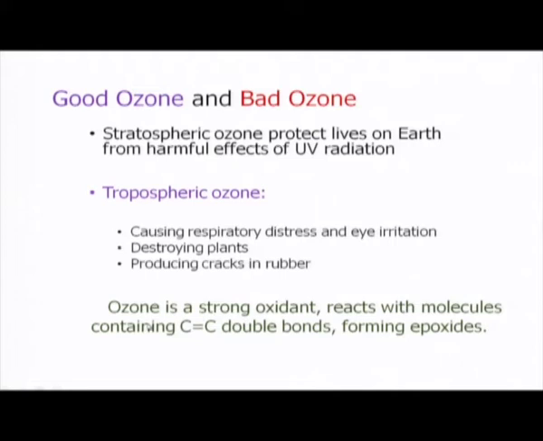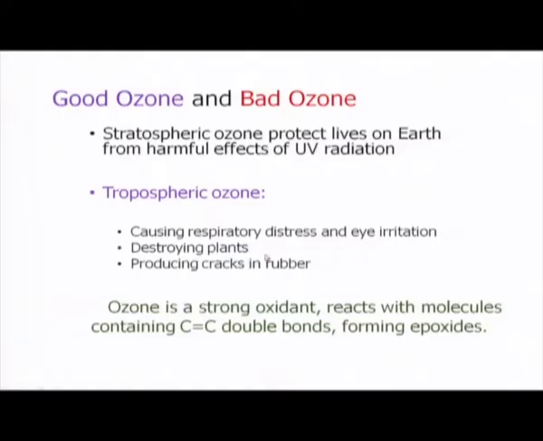However, it is a very strong oxidizing agent, reacting with any double bond containing compounds, forming epoxide and ultimately leading to further reactions. So ozone present in the stratosphere is beneficial, because it absorbs the harmful UV radiation, whereas if it is present in the troposphere, it is considered bad ozone.